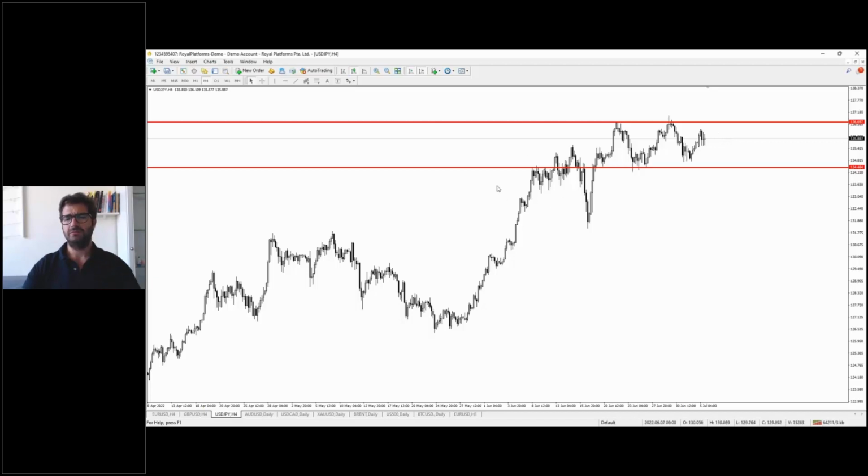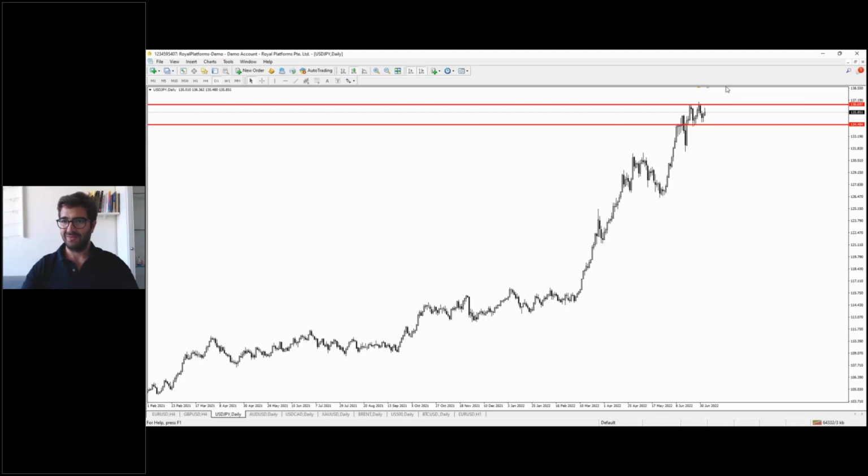As I said before, whenever the market enters into a channel, there is no specified direction we can assume, since the probabilities are 50-50 to see either a move to the upside or to the downside. So for now, I expect a move until the 136 to the upside.